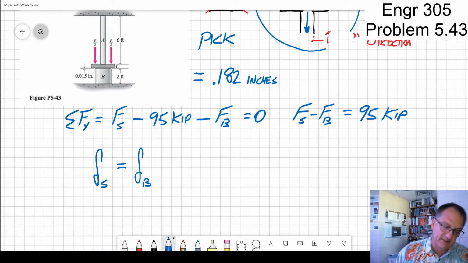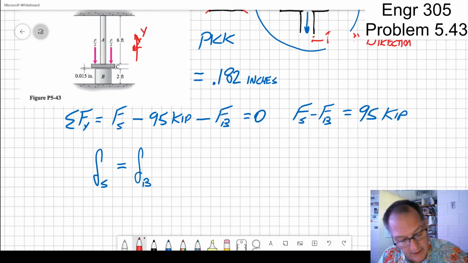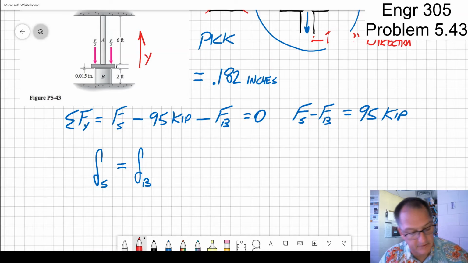Oh, I got to get my signs right. So let's see if I can draw right on here. Can I put a coordinate system here? That's my Y direction.